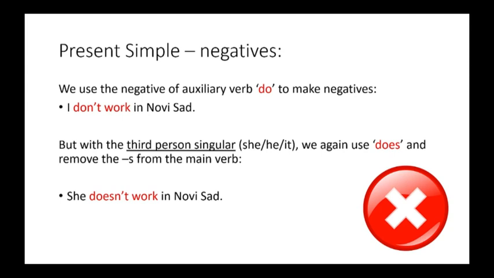We just put it in front of the main verb. However, again, with the third person singular, he, she, it, we don't use do and don't. We use does, and we remove the s from the main verb. So we need the negative of does. She doesn't work in Novi Sad.